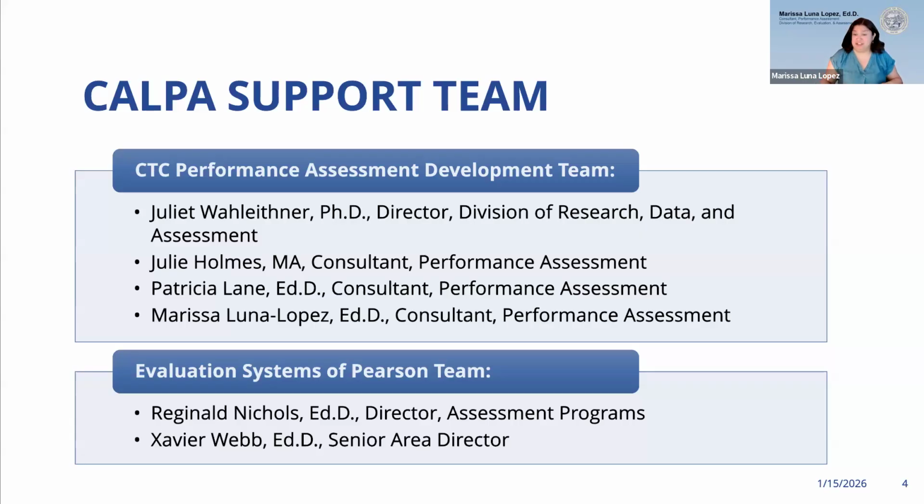So if you have questions about Results Analyzer, things about the website, my candidate went to register and they're not able to do so on the website, that is the ES folks. And so we have their contact information as well for you, but wanted to let you know there's the two sides of what we do, given that we receive thousands of submissions a year, and the ES folks are contracted with CTC to score and deliver those score results.